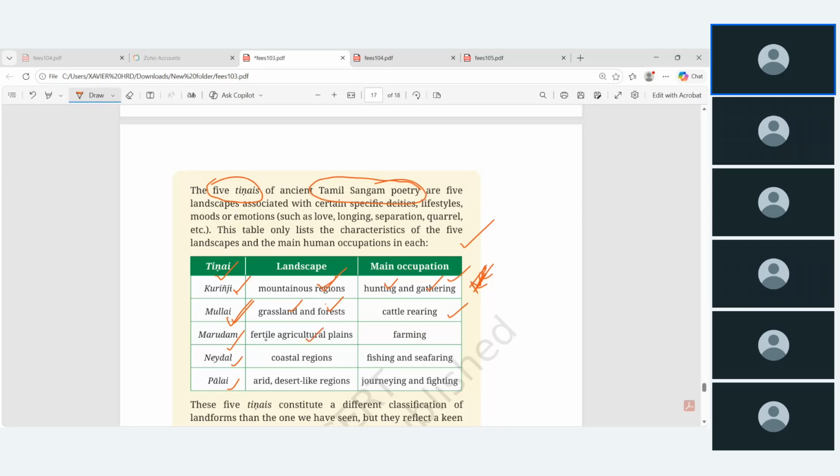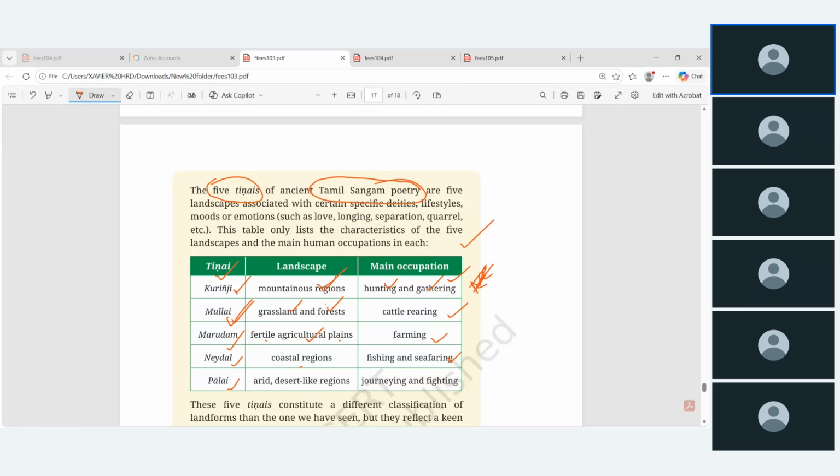Okay, அதாவது வயல் சார்ந்த இடம்னு படிச்சிருப்பீங்க. Okay, so which is the main occupation? Farming. Okay, and then நெய்தல் வந்து coastal region. So coastal region எங்க? அங்க agriculture பண்ணிட்டு இருப்பாங்க, இல்ல ஆடு மேய்ச்சிட்டு இருப்பாங்க, இல்ல only fishing and seafaring.